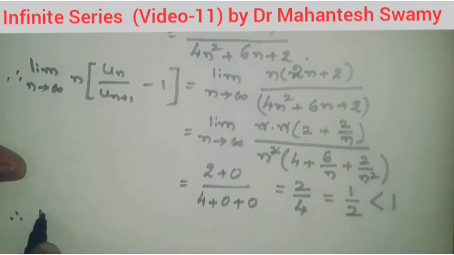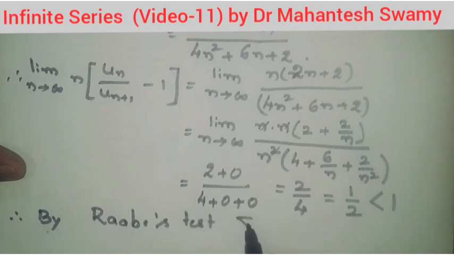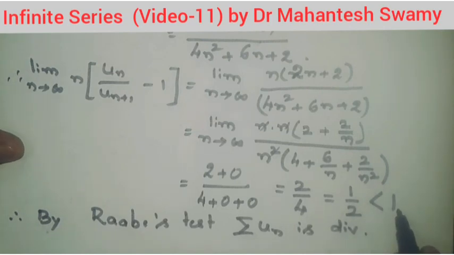Therefore, by Raabe's test, the given series summation un is divergent. When the limit value is less than 1, it is divergent in the case of Raabe's test.